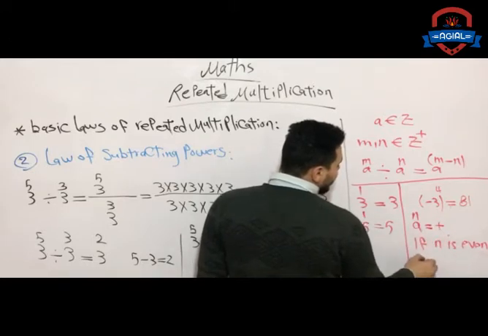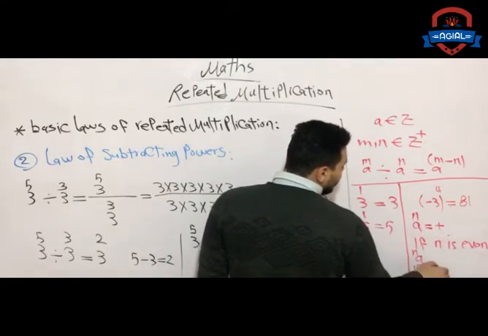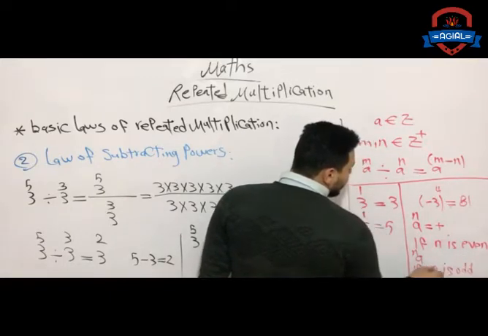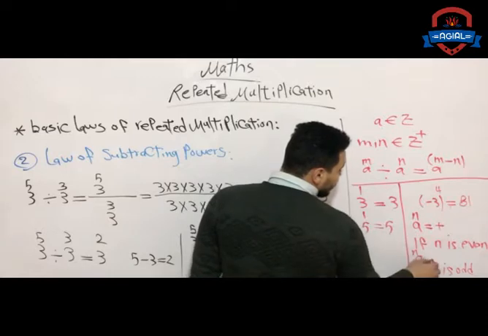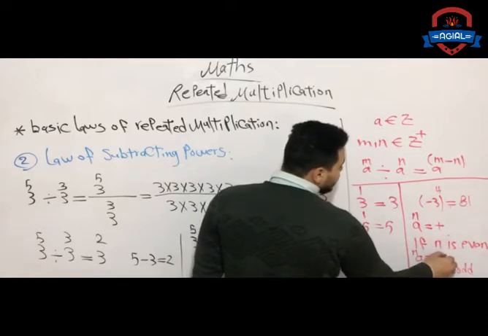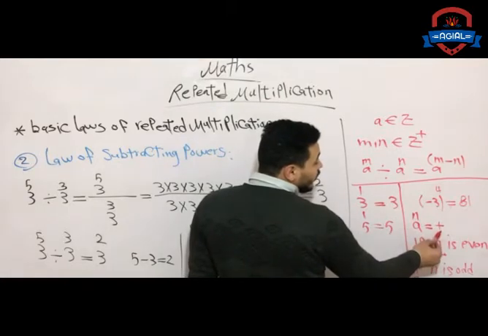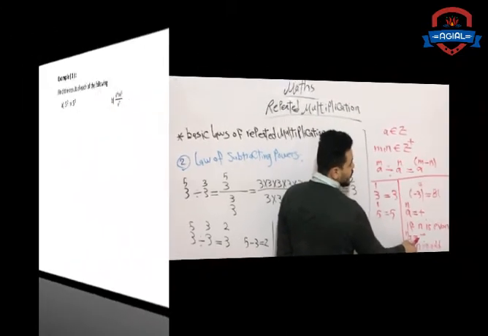And if n is odd, the result would be negative. Here would be a positive integer, and here would be a negative integer.